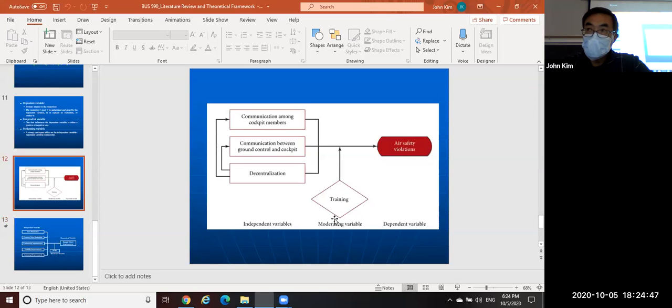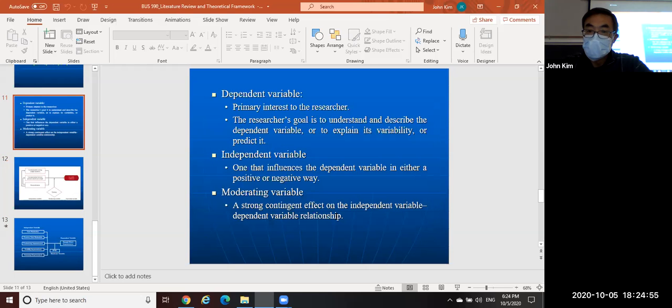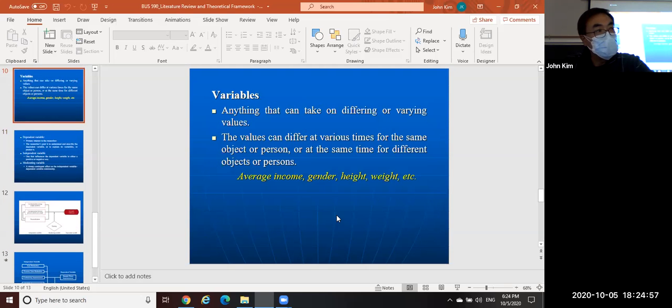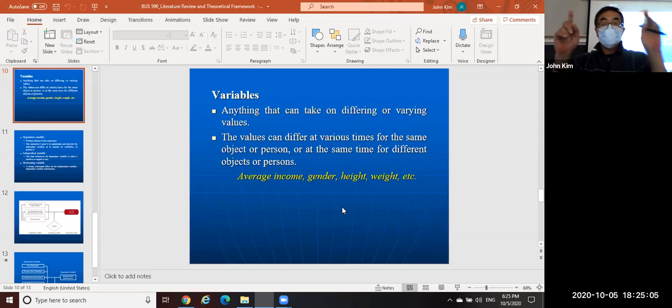What can be a case of no moderating variable? Not necessary, but a certain research framework just connects independent and dependent variables.